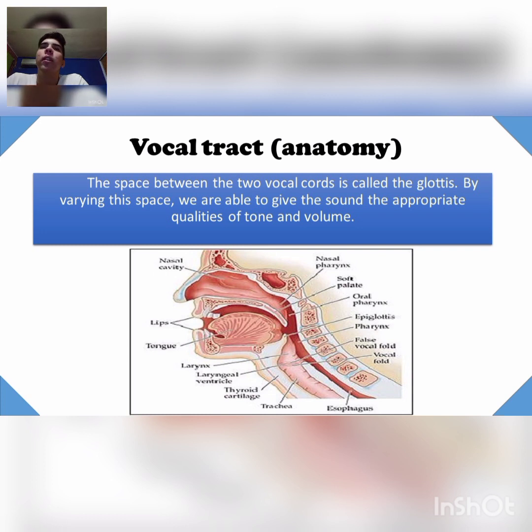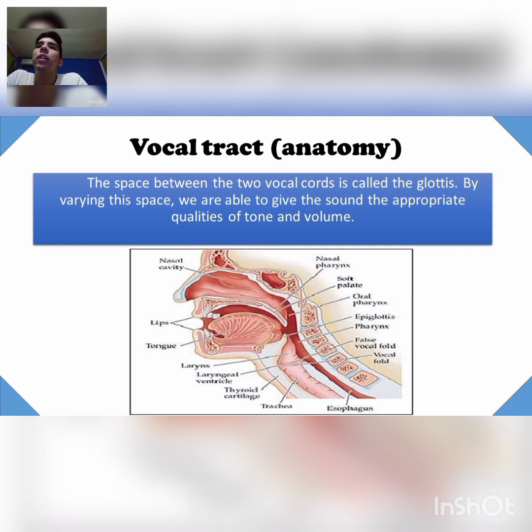Vocal tract. The space between the two vocal cords is called the glottis. By varying this space, we are able to give the sound the appropriate quality of tone and volume. However, the sound produced by the cords is very weak, and in order for others to hear it, it must be amplified.